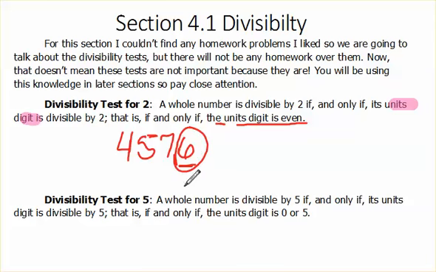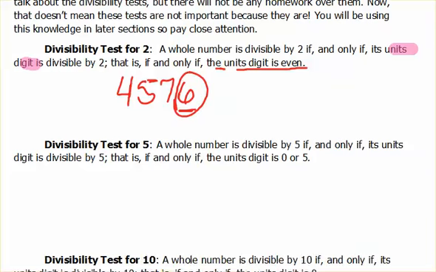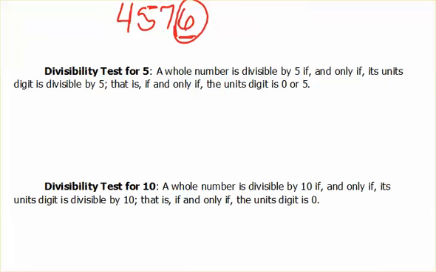Then we have divisibility tests for 5, and also for 10. You're probably very aware of these also. In order for something to be divisible by 5, its units digit must be divisible by 5. That is, if and only if the units digit is 0 or 5. This is the key here. We're talking about numbers like 75 or 60.